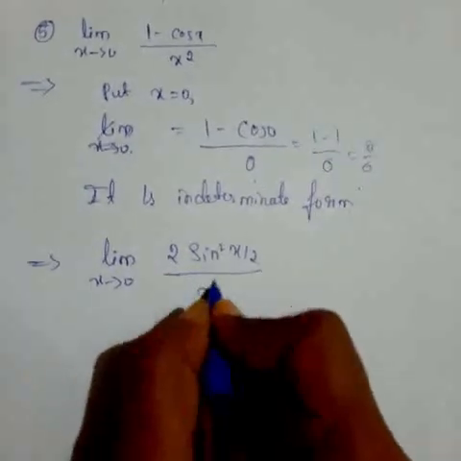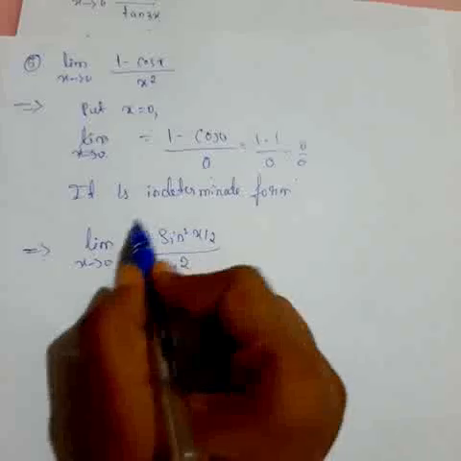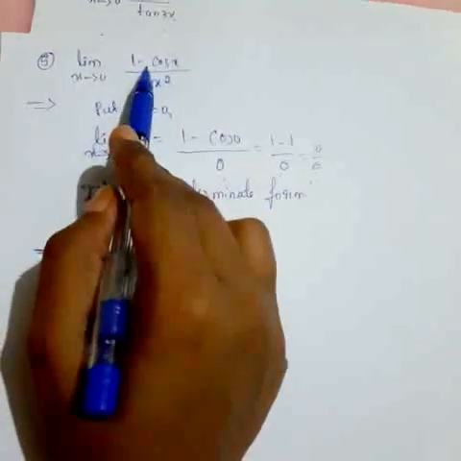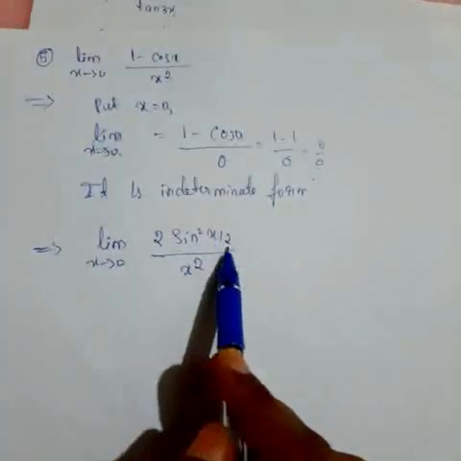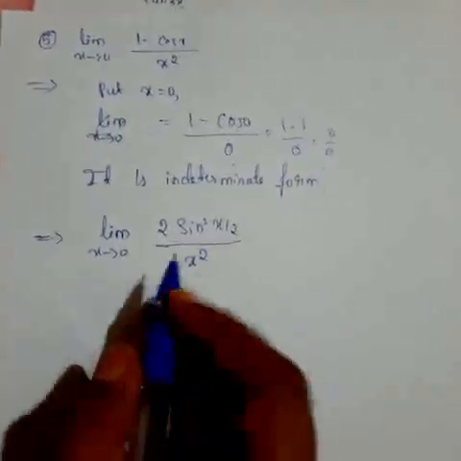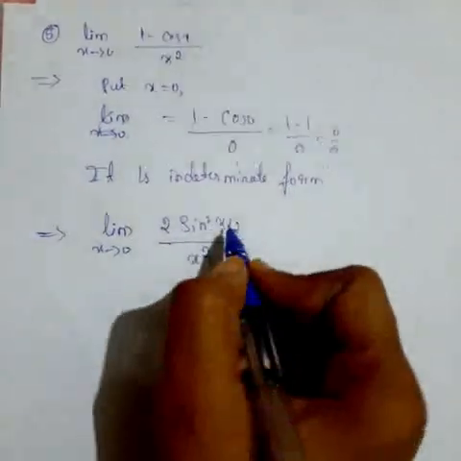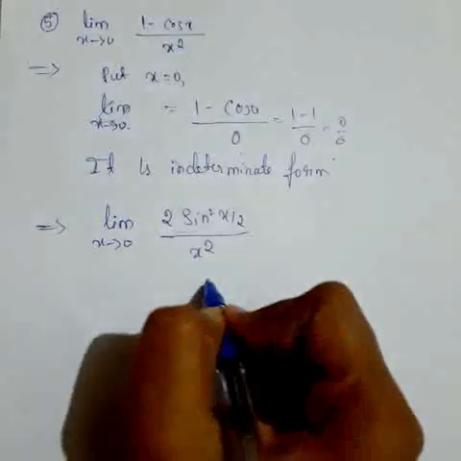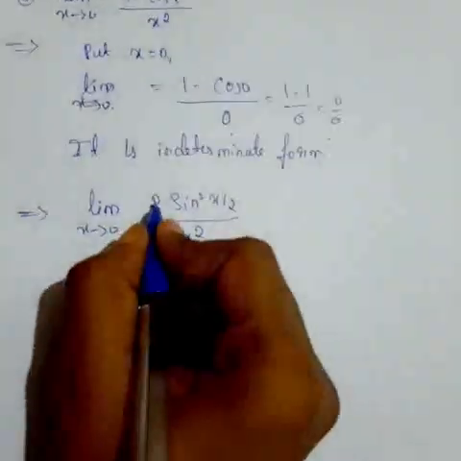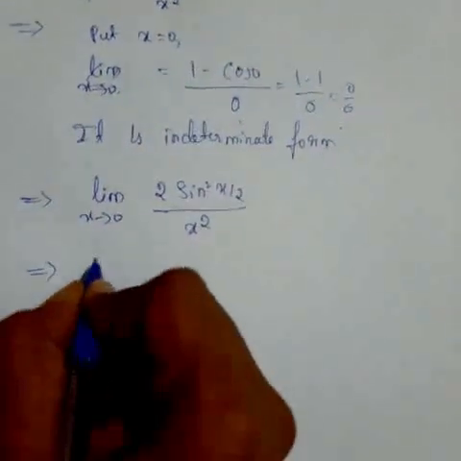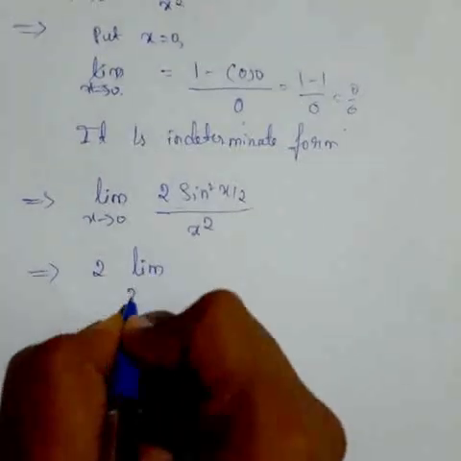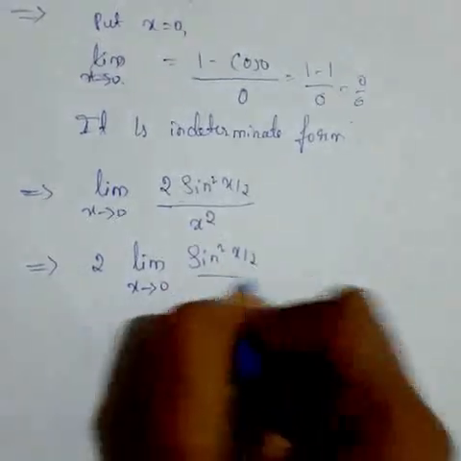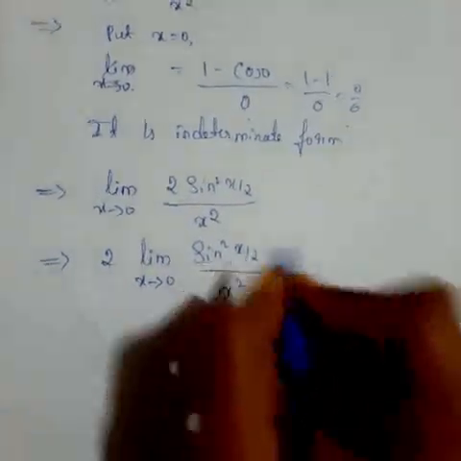In the denominator we have x square. Just revise the trigonometric formulas; you will get to know that 1 minus cos x can be written as 2 sine square x by 2. Okay, understood. Now we are trying to convert that; if we have x by 2 in the denominator, then no problem. So first take this constant outside, step by step. 2 outside, limit x tends to 0, sine square x by 2 divided by x square.